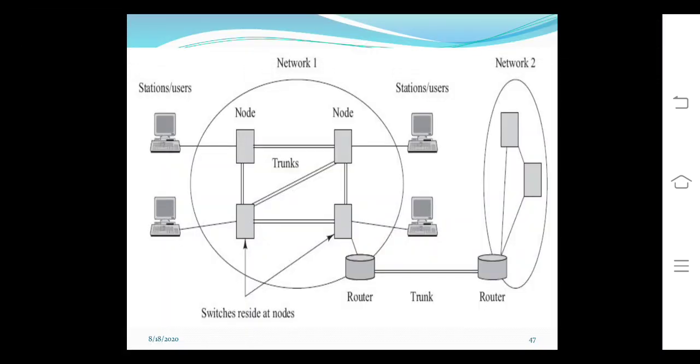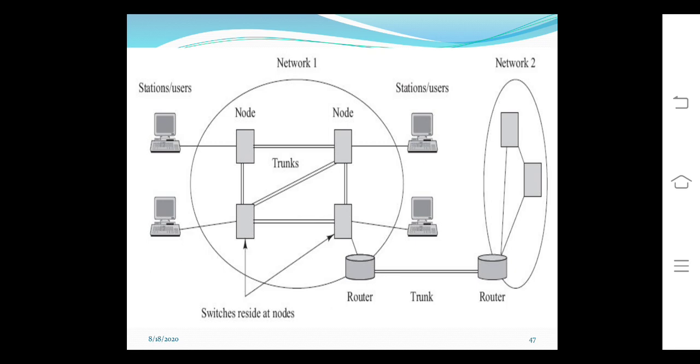So this is a diagram which shows many stations or users. In the first network we can see the nodes, and the lines which are connecting between the nodes are called trunks, and it can switch over to any node.